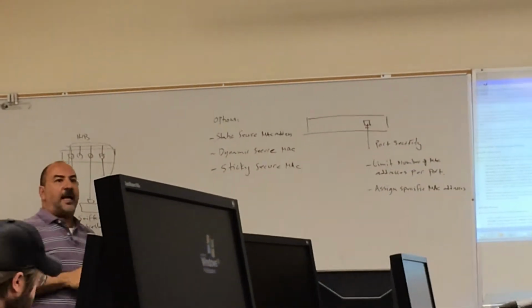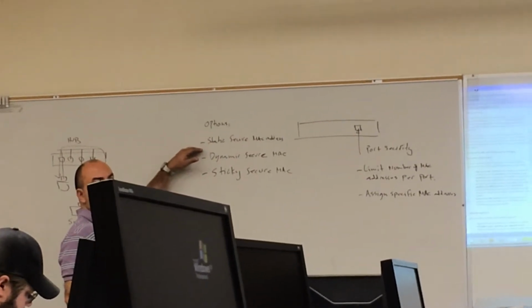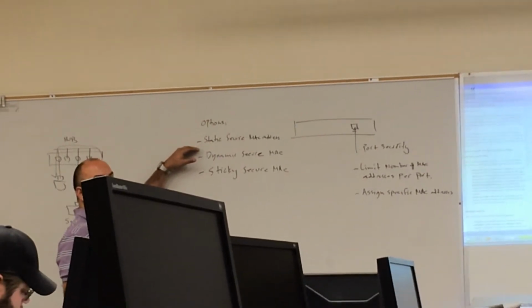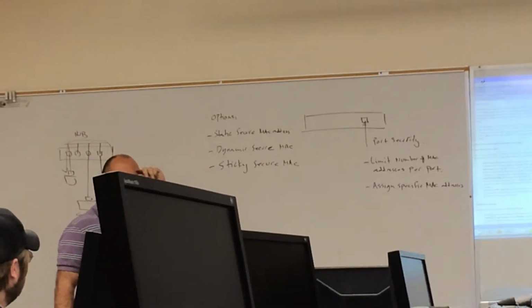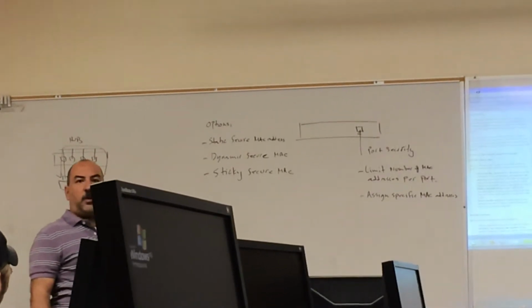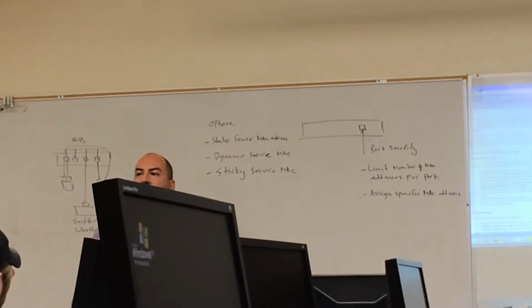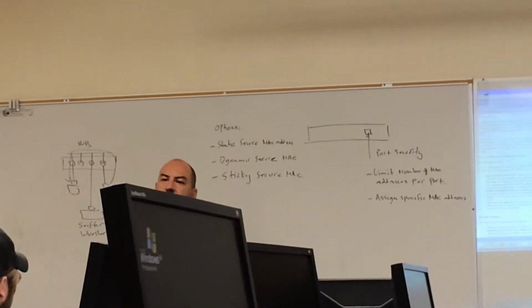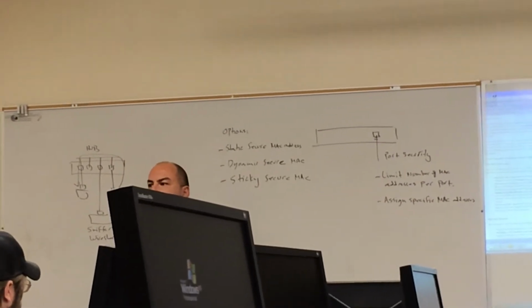Static secure, you manually input the MAC addresses you want. So you have 2 people using that port. You say only these 2 MAC addresses. You type in the actual MAC address. That one will stay permanent. If you turn off the switch and turn it on, they will be stored in memory all the time.